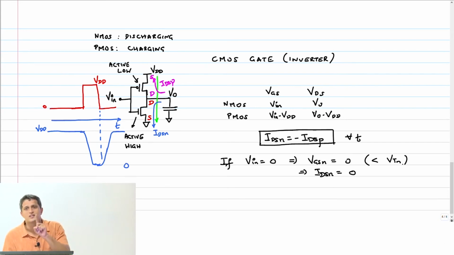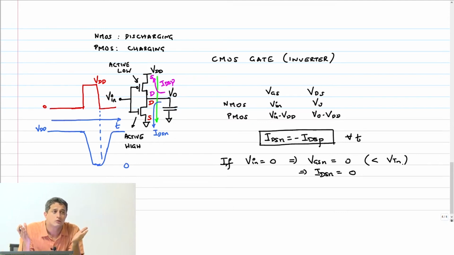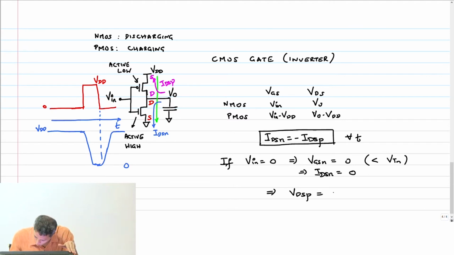Now, what is the VDS on the PMOS such that the drain current of the PMOS can also be 0? You get my point, right? Because of this constraint, my VDS on the PMOS transistor should adjust itself so that the current is 0. Exactly, this implies VDSP should also be 0.